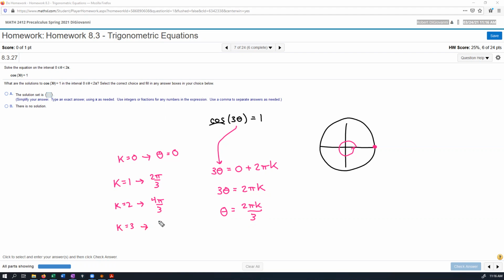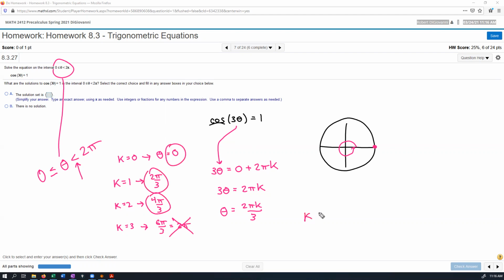If I plug in 3, I get 6 pi over 3, which is actually 2 pi. Now, notice on the inequality, it's 0 less than or equal to theta less than 2 pi. So they're saying specifically we have to be smaller than 2 pi. So we don't want that answer. We want that one, we want that one, we want that one.